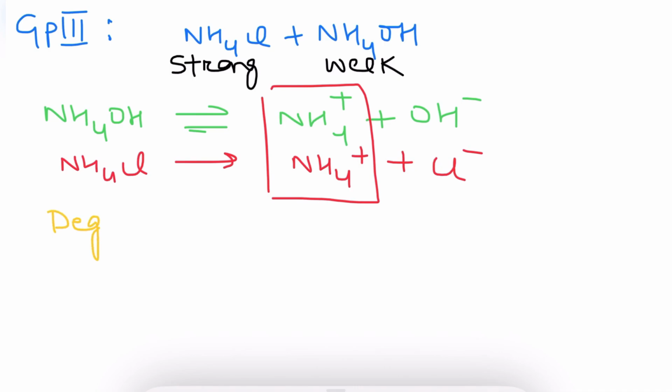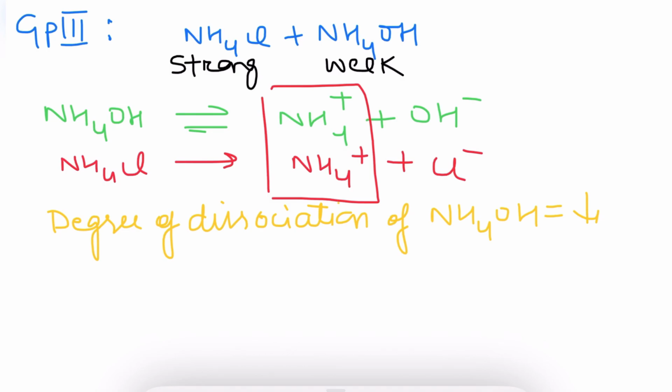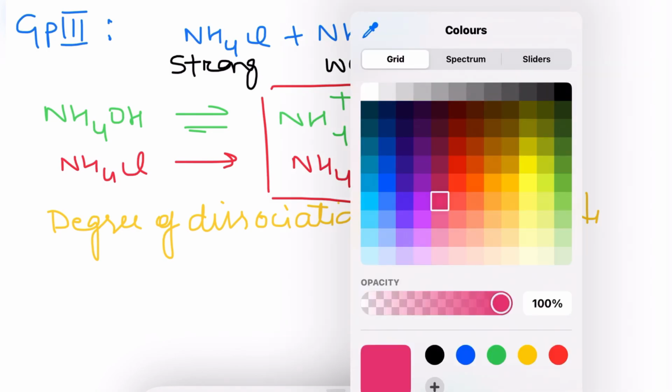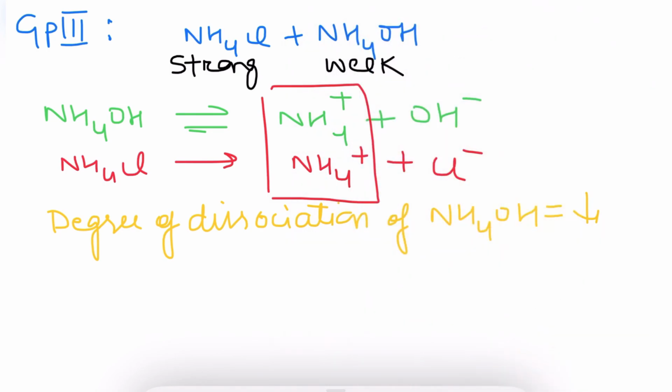So the degree of dissociation of NH4OH decreases as the reaction shifts in the backward direction according to Le Chatelier's principle. If there is an increase in the concentration of a product, then the reaction goes in the backward direction. As there is a decrease in the degree of dissociation of ammonium hydroxide, this also results in a decrease in the concentration of hydroxide ion.